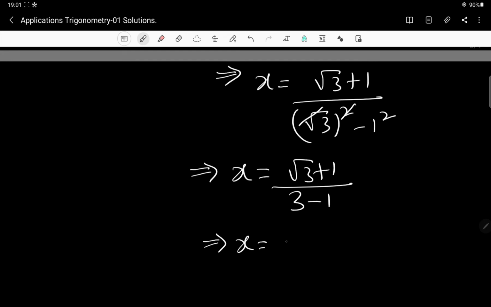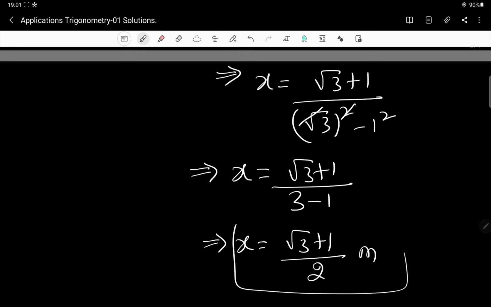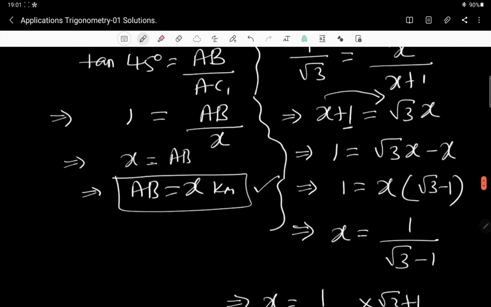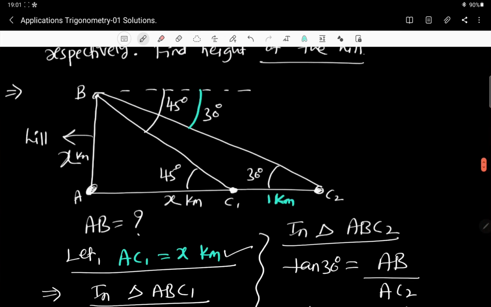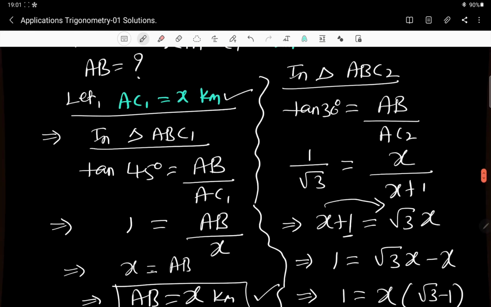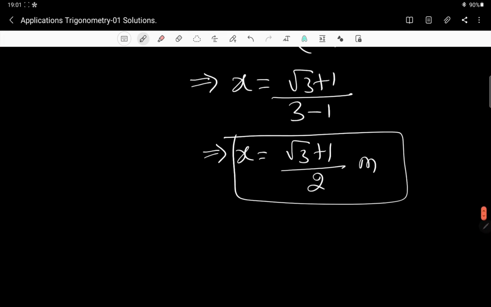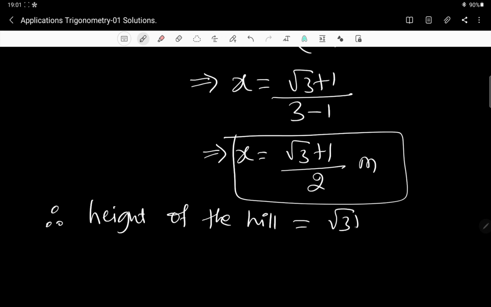So x is equal to root 3 plus 1 divided by 2. So what is this x? This AB itself is x. And what is AB? AB is the hill. Therefore the height of the hill is equal to root 3 plus 1 divided by 2 kilometer.